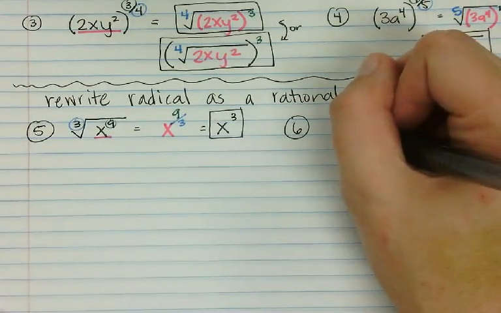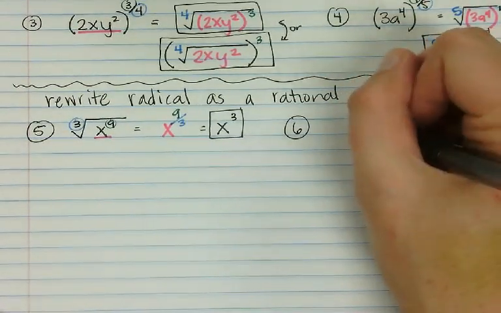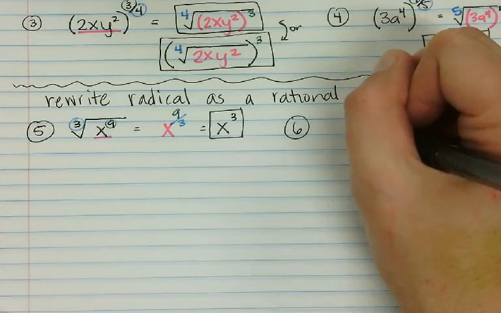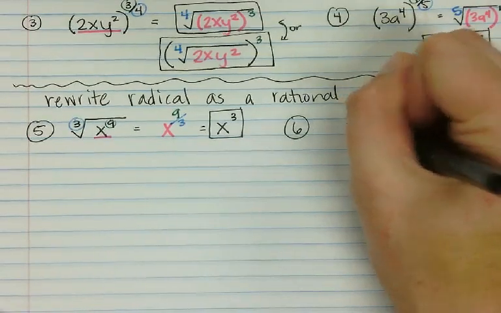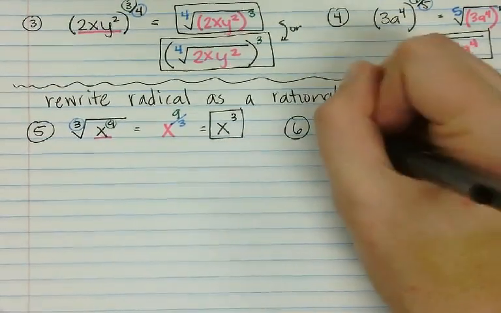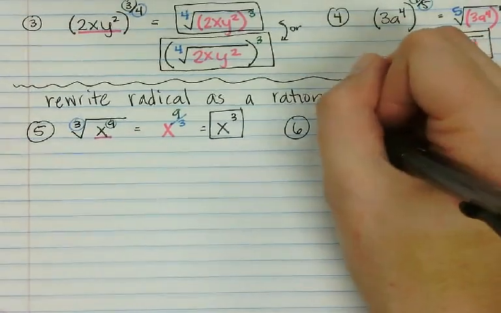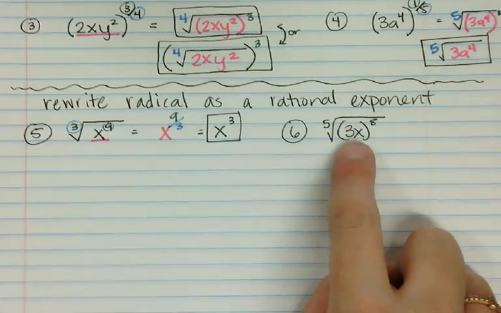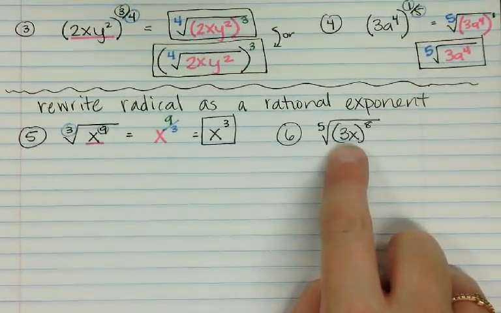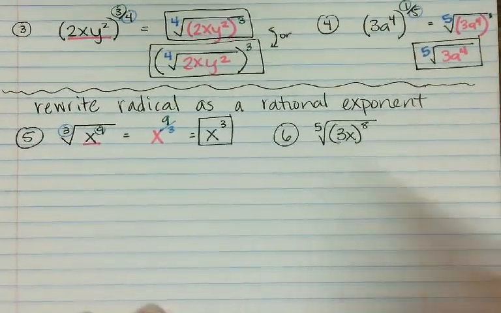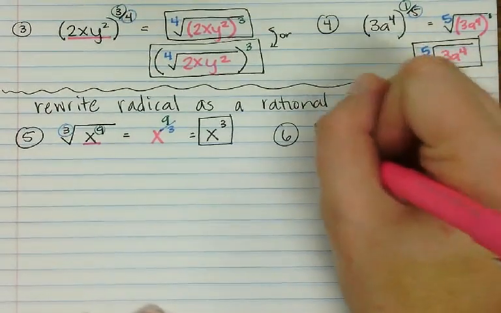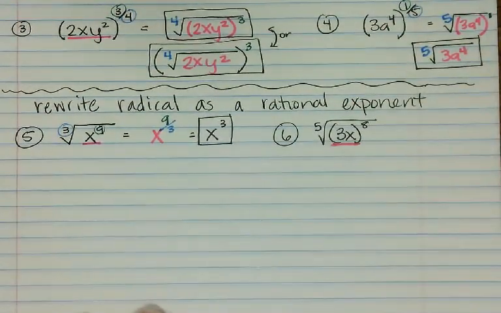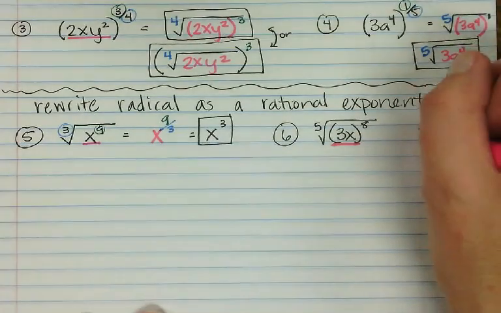So guys, if I have one like this, I'm going to do 3x to the 8th, and we're taking the 5th root there. So guys, if the entire thing under your radical is in parentheses right here, then this entire little guy, 3x, that whole thing is your base.